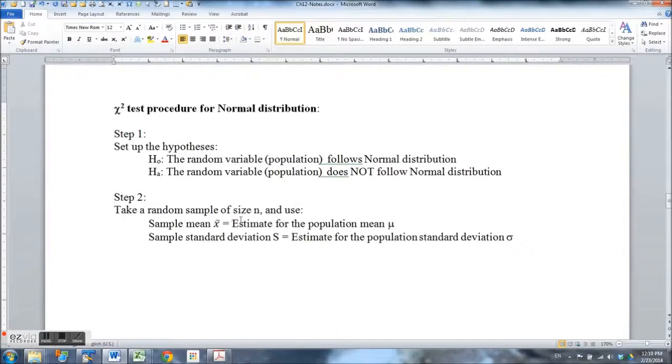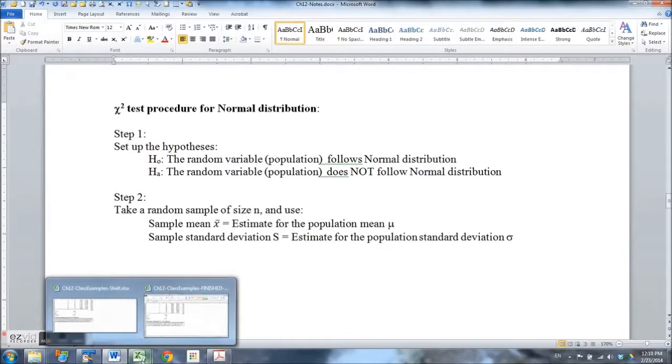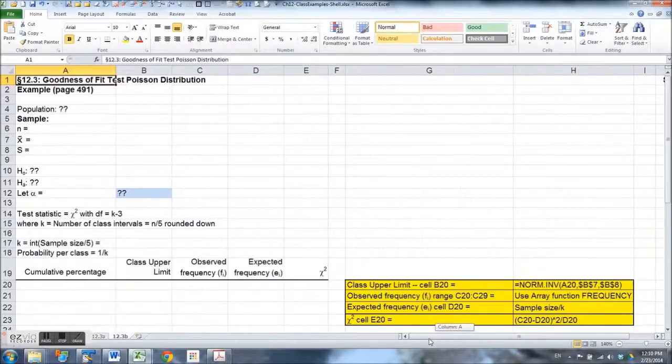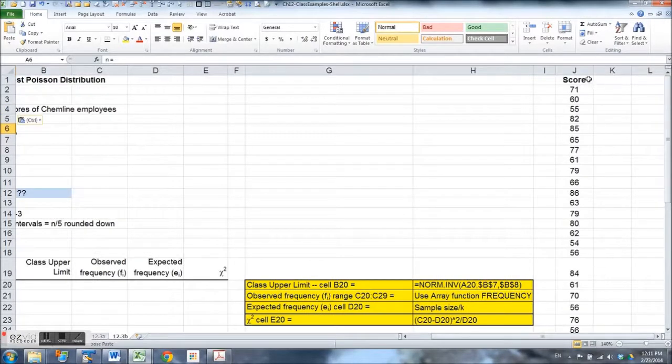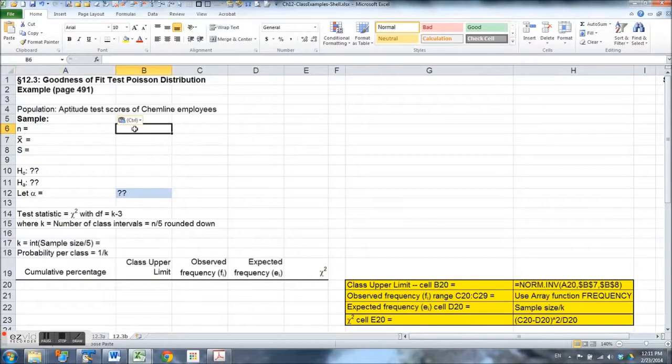From that sample, we compute x bar and the sample standard deviation. Let's look at how to do that in Excel. We have the population, aptitude test score, and sample. I already have the data in a column, named score.